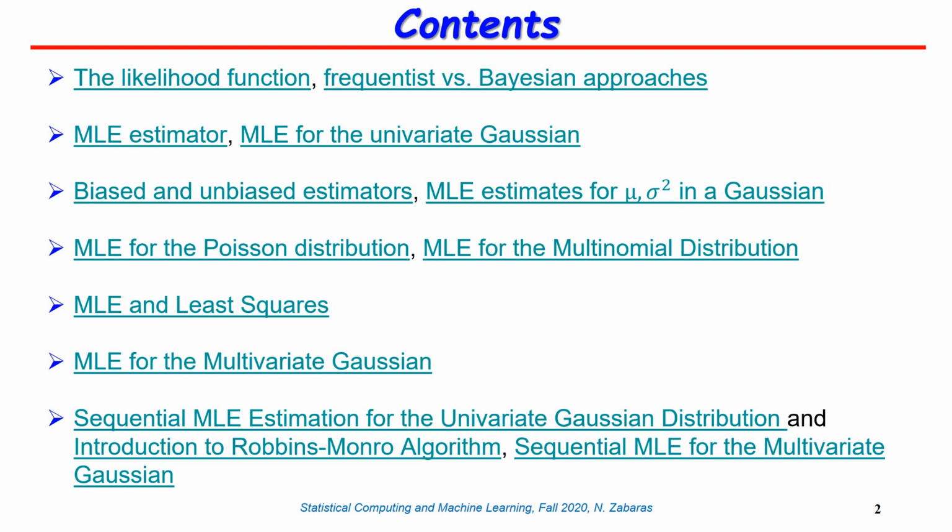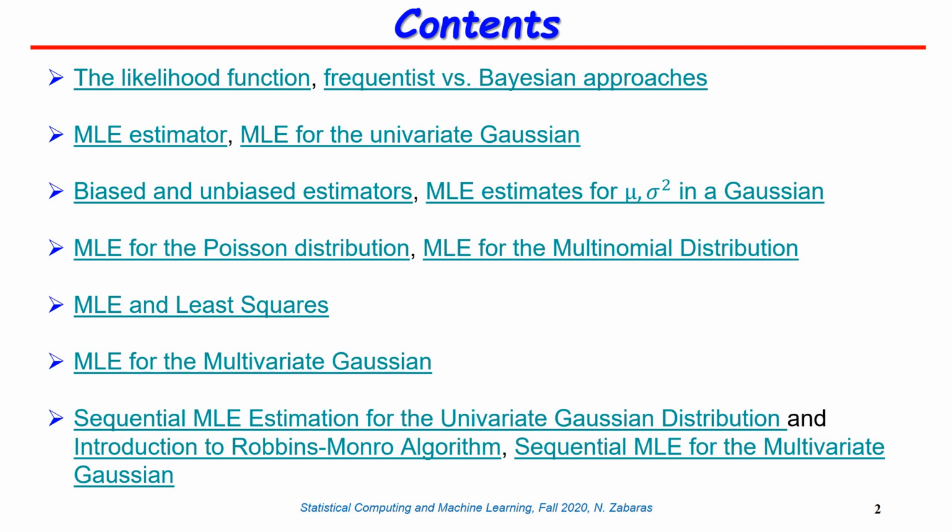In the process of talking about this sequential estimation, we will see that some of the formulas look very similar to the formulas that someone gets in stochastic gradient descent.